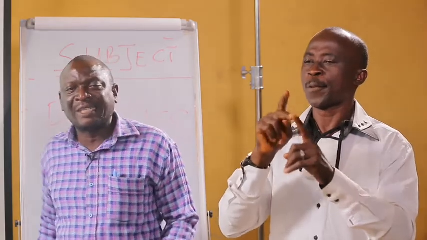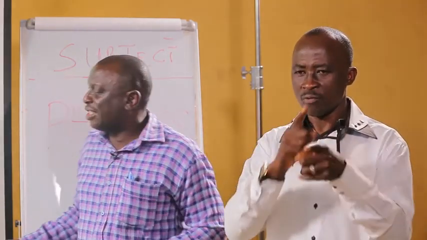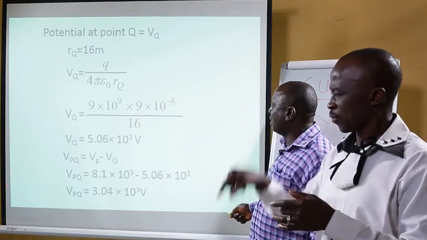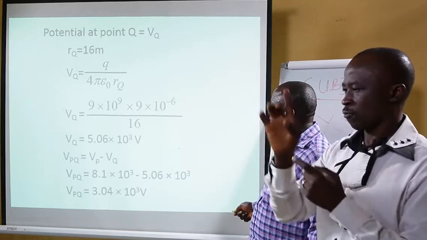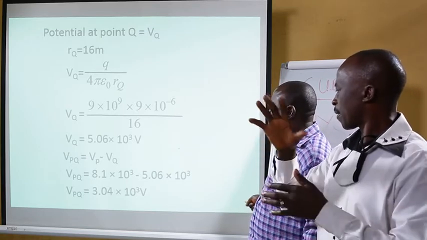Now we have 2 points. We will need to take the resultant to get our total potential. So V subscript PQ, that is the potential difference between point P and point Q, is equal to V_P minus V_Q. So V_PQ equals 8.1 times 10 to the power 3 minus 5.06 times 10 to the power 3.